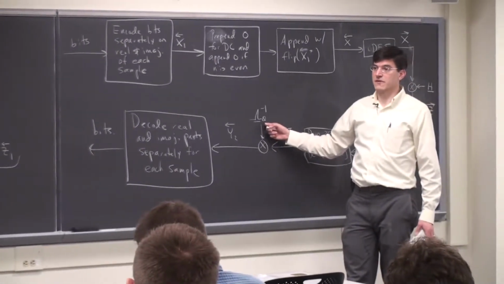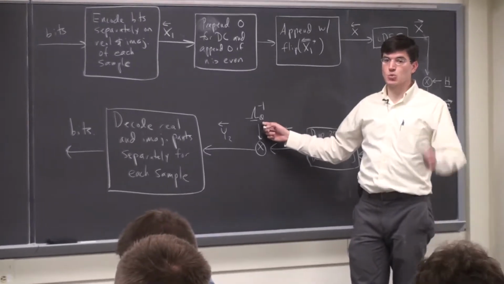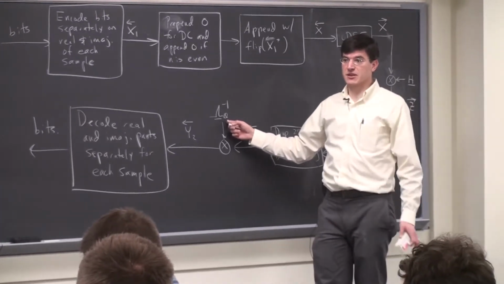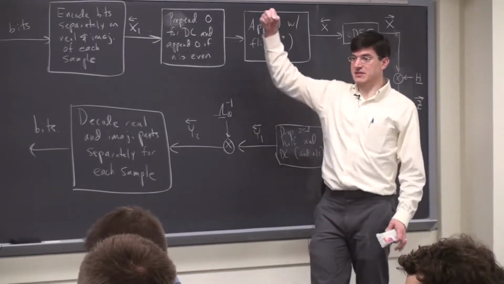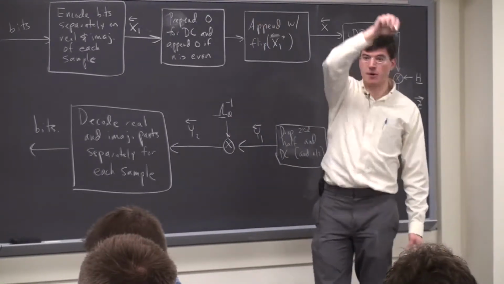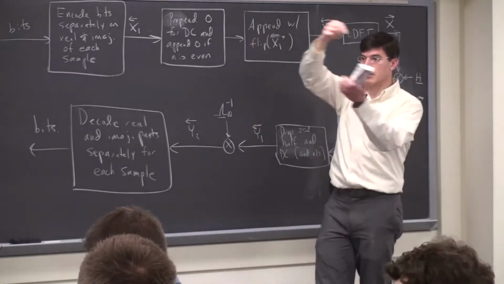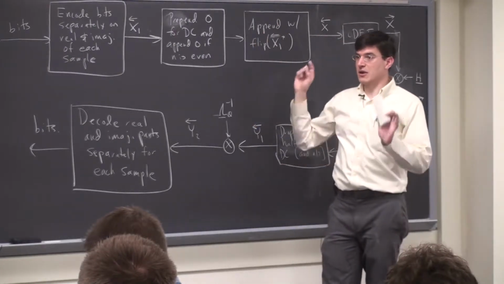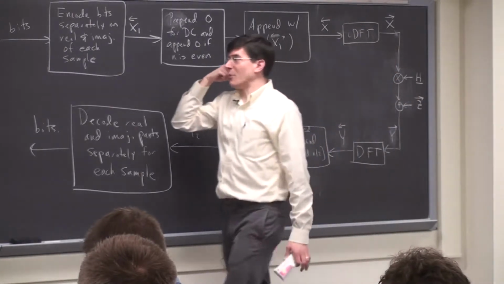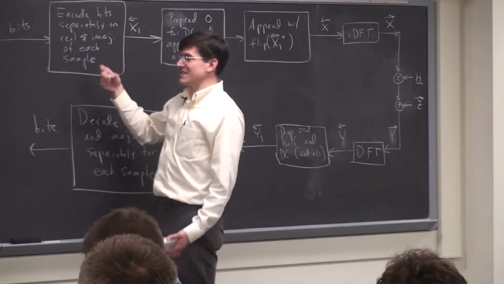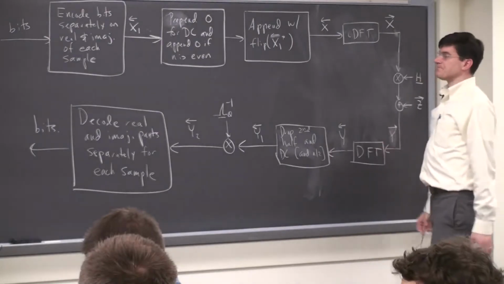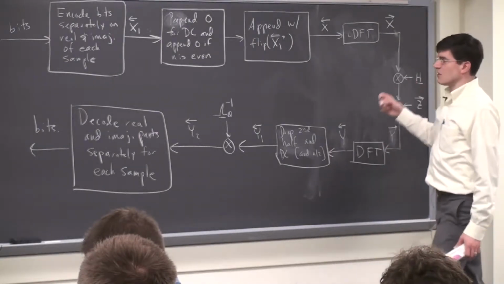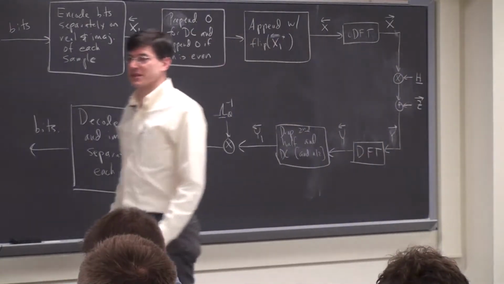If the channel gain is 1 versus j for a particular sample, that makes a big difference to the decoder. Because if it's j, that means energy in the real part is going to the imaginary part and vice versa. Whereas if it's 1, they're not flipping. The encoder doesn't care though. It just needs to know how many bits to put on each sample, and for that it just needs the gains. So much less information about H is required compared to the SVD approach.